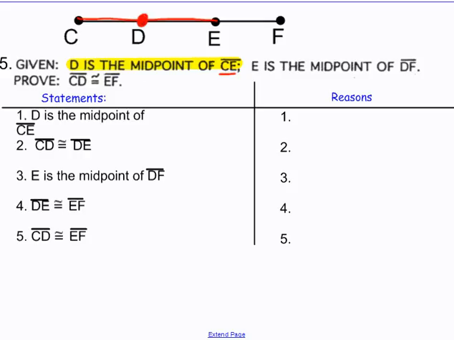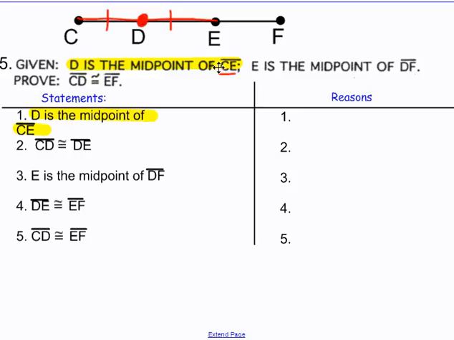So by the definition of a midpoint, that means that this and this are the same. Okay, so if I look down at our proof, I see D is the midpoint of CE.